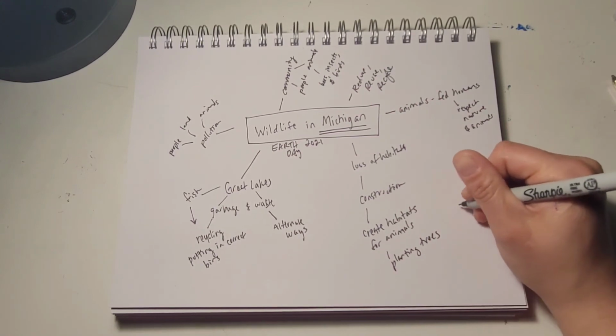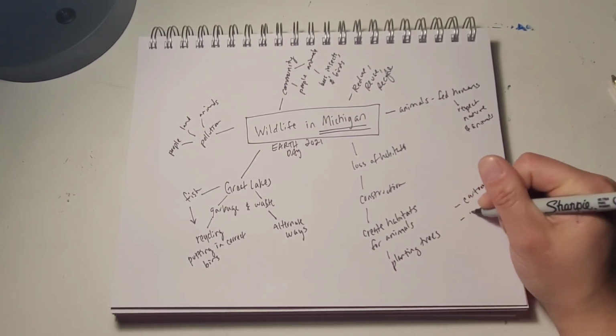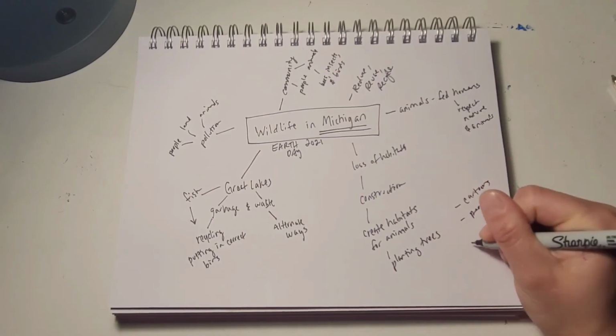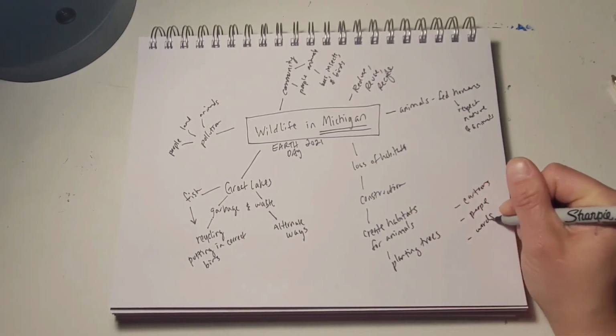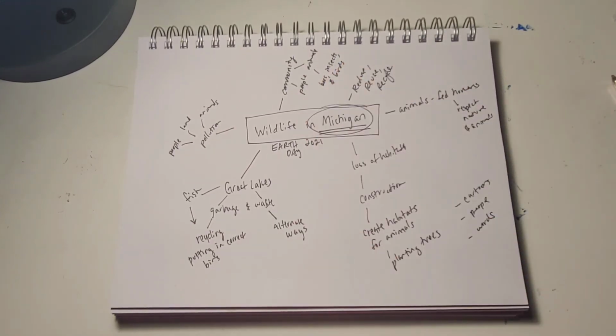You can make this into cartoons. You can add people. You can add words. Just make sure that it's Michigan based. So keep it Michigan based. You can write in Michigan. You could talk about anything about Michigan.